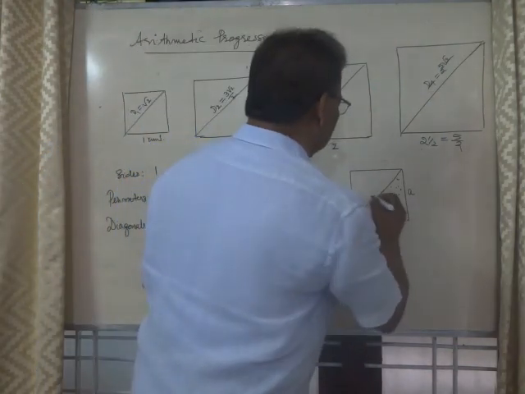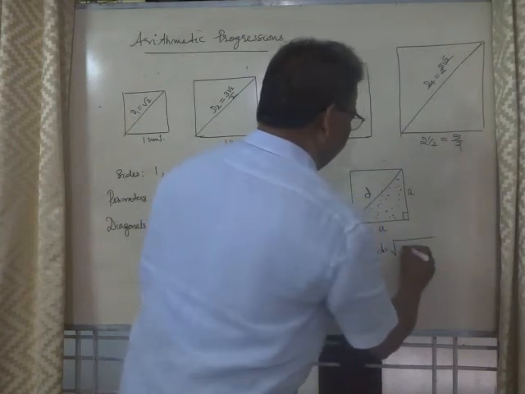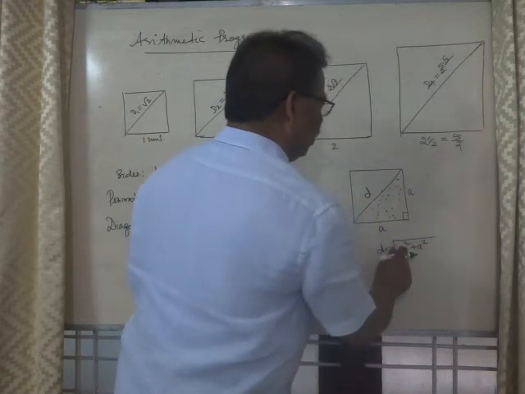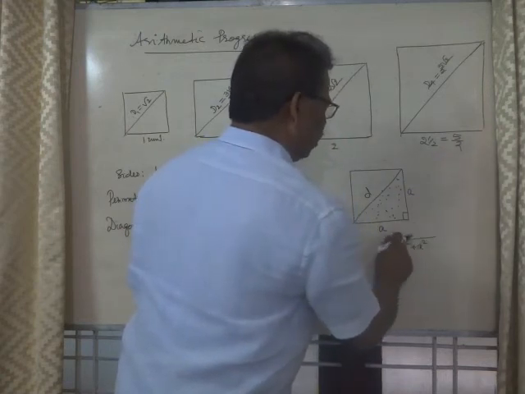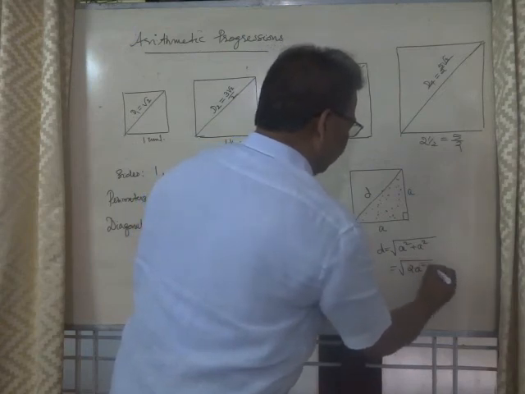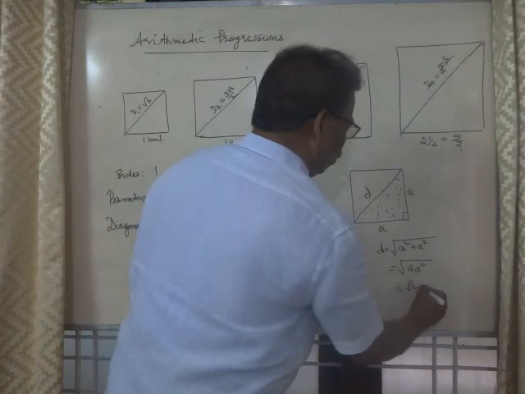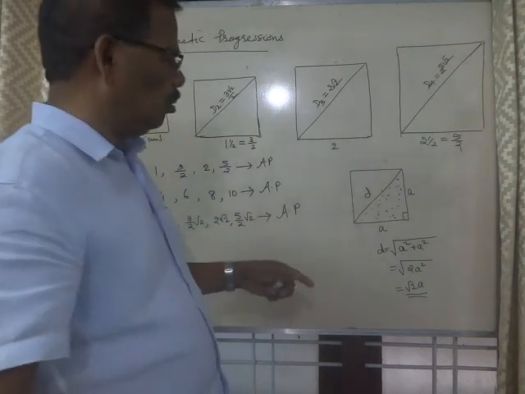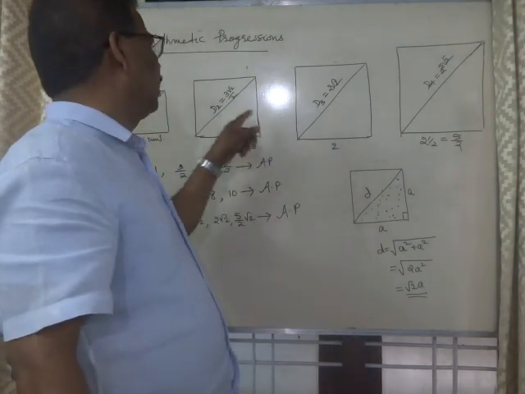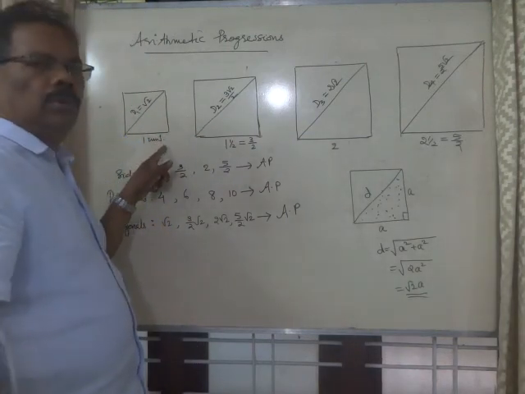That is, d is equal to the square root of the sum of the squares of the other two sides, that is root of 2a square, that is square root of 2 is root 2, square root of a square is a. That is how we got the diagonal to be side length into root 2.